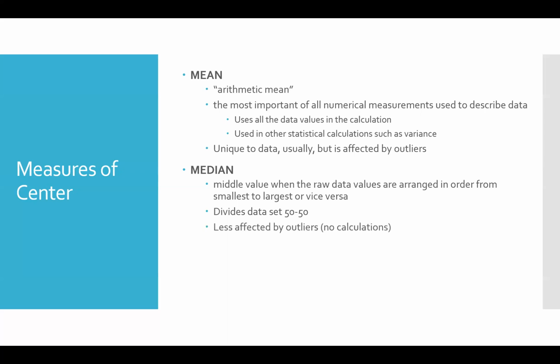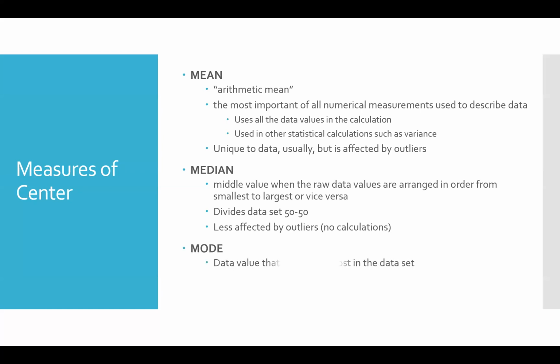It may not be one of your data values. It could be, but it doesn't necessarily have to be. The median, because you're not actually calculating with it, is not affected as much by outliers. So sometimes if your data set has outliers, it may be best to use the median as your measure of center.